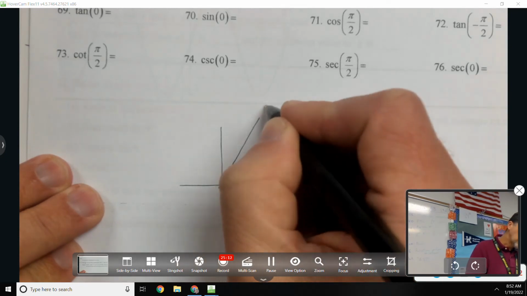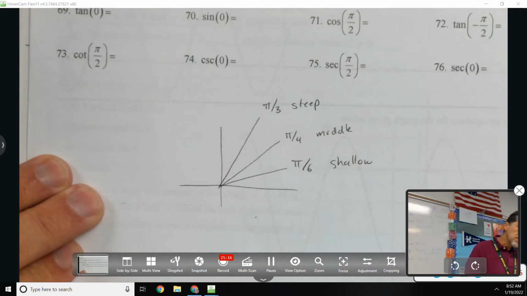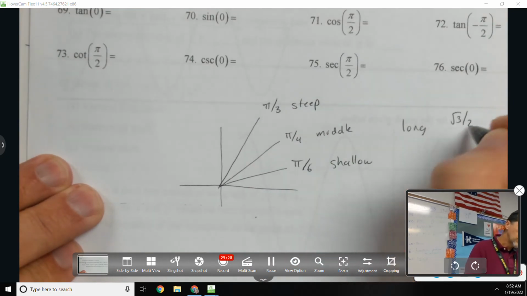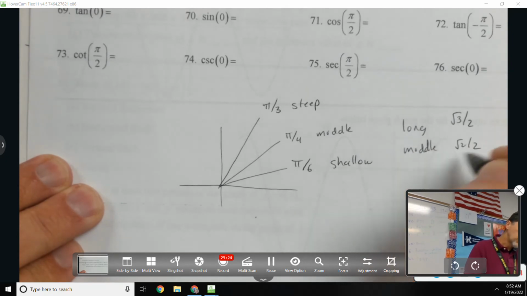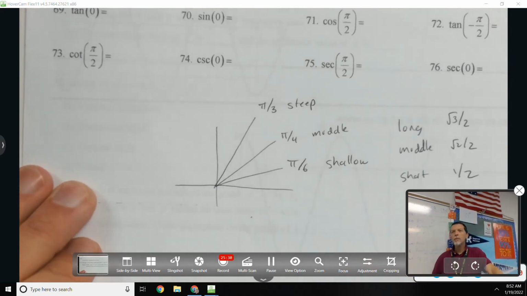And all the over 3s are the steep. All the long sides are root 3 over 2. All the middle sides are root 2 over 2. And all the short sides are 1/2. That's how we remember. I don't memorize the unit circle. I figure that out, and then I can go answer anything I want.